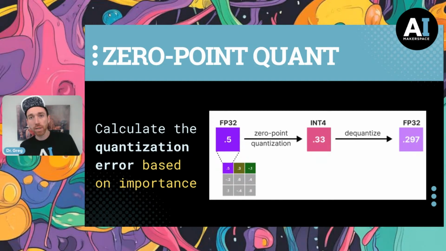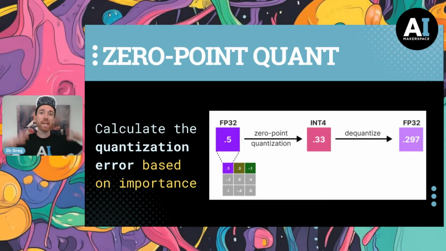One last point that I encourage you to dig into if you're interested in going further. We are calculating this quantization error based on these importances that we calculate. We're also doing something called zero-point quantization.